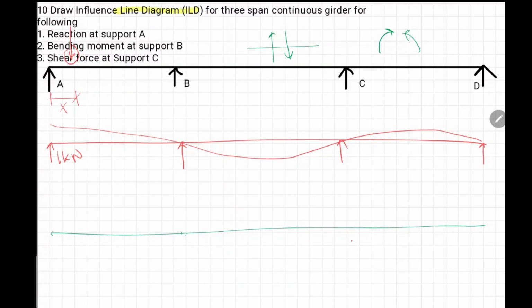So if I apply it, it will bend like this. So this is the influence line diagram for the moment at B. So this completes the solution for the interview questions asked on the 12th November post.